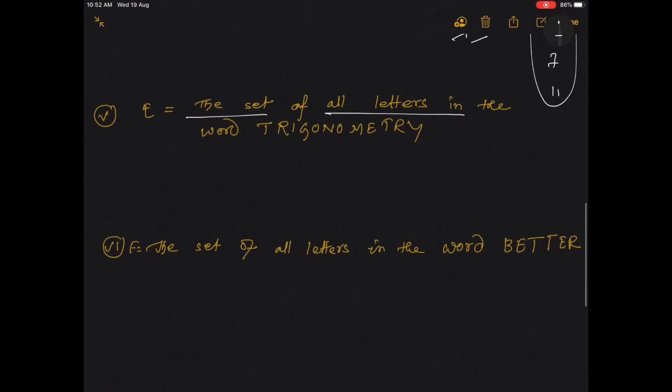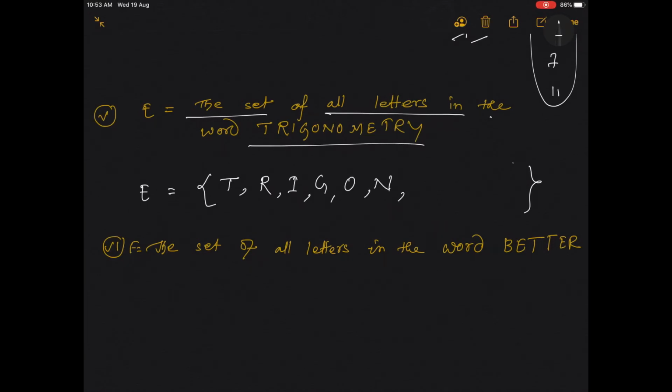The set of all letters in the word trigonometry. When you write this as a set, you have to write the letters one by one, separated by commas. T, comma R, comma I, comma G, comma O, comma N. This O is already written once, so we cannot write the same element twice in a set.